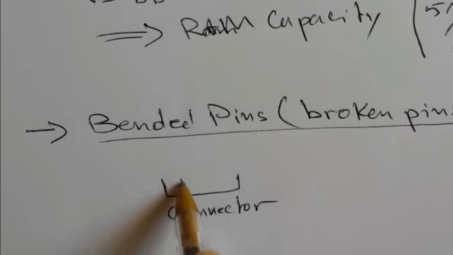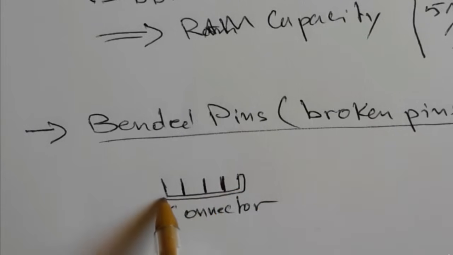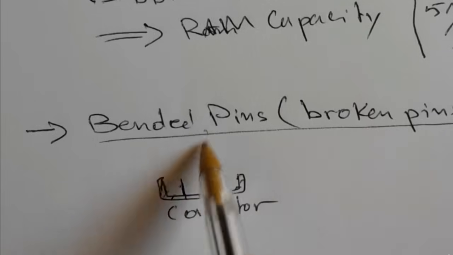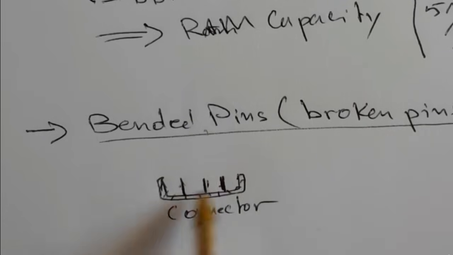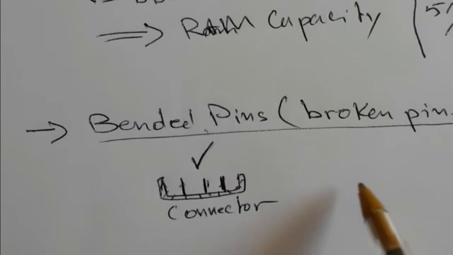So I will show you how. Let's assume that we have a connector that contains 3 pins inside it. This is a good connector. The 3 pins are good, as you can see, no problem in this connector.